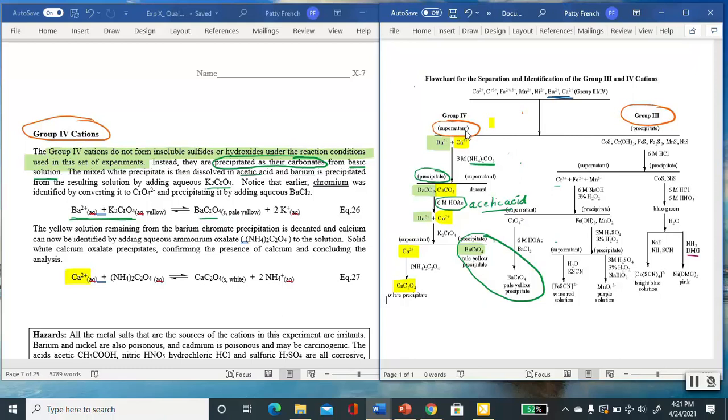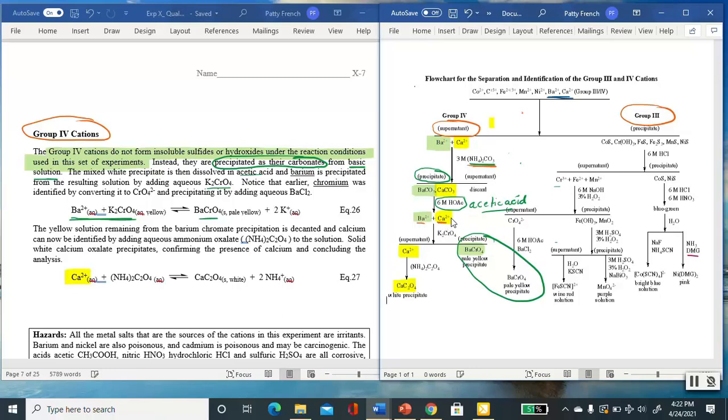So this supernatant, in order to separate the barium from the calcium, we had to make it basic. And when we made it basic, first of all, both of them precipitated out, which was not particularly useful, but it did clean up the solution. Then we added acetic acid. And when we added acetic acid, both of these dissolved.